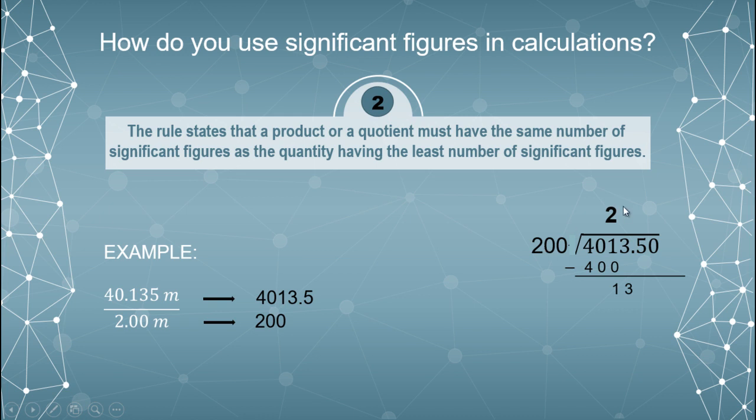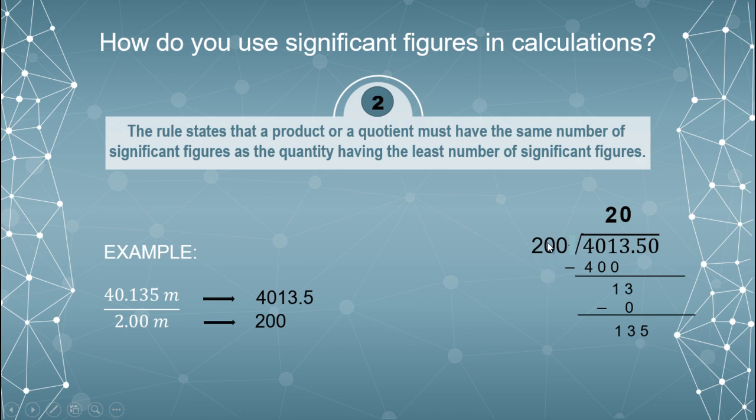That cannot be, so we put 0. 0 times 200 is 0. Subtract, so that is 13. Bring down 5.